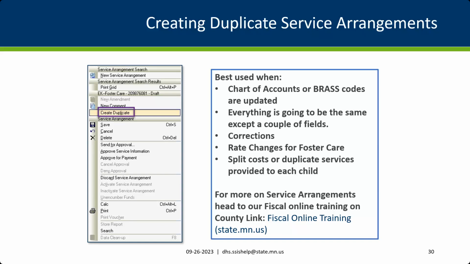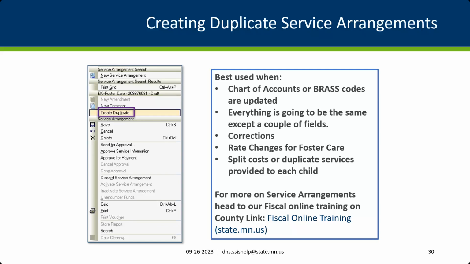You may also use it for corrections to existing service arrangements, for rate changes for foster care, or when copying a service arrangement for a sibling. I also want you to note that when you copy a service arrangement to a sibling, you can only do that from the service arrangement search option.